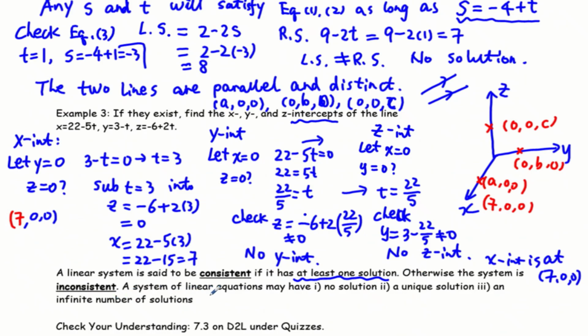So a system of linear equations may have 0 points of intersection, 1 point of intersection, or infinitely many points of intersection. For 0 points of intersection, the lines will be either parallel or skew.